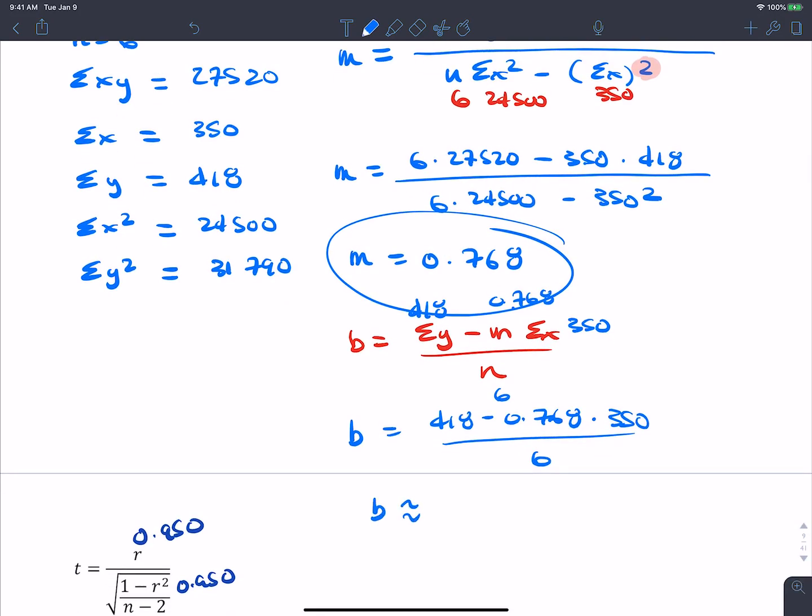Let's find out what this b value is going to be. Make sure you guys have that written down in your notes, because I'm going to have to ask you what the value is.